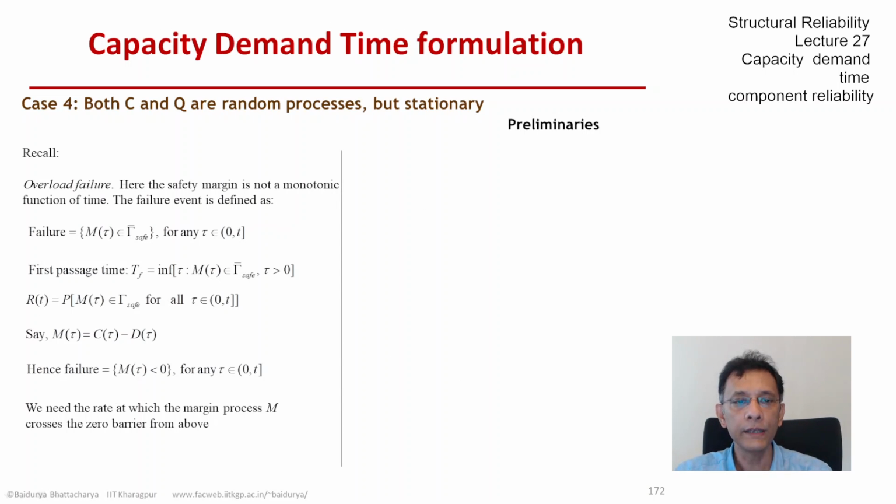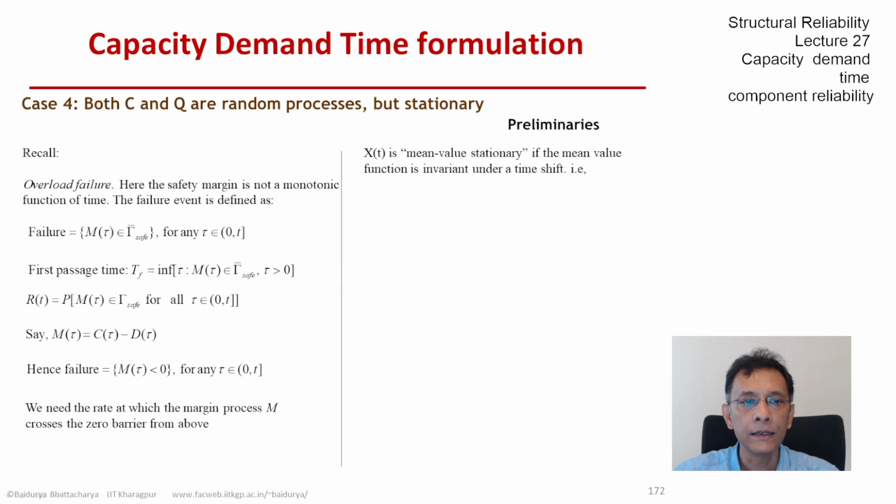Stationarity. We did mention this word at the beginning of this section. So let's start this concept of stationarity by discussing the mean value function. In general, the mean value of a process would change with time, so it's a function of time.